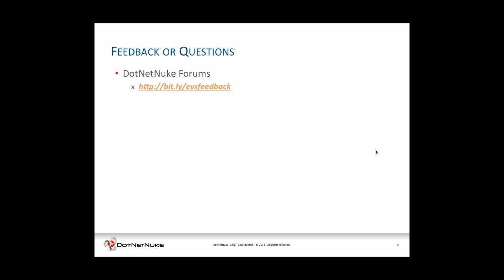We keep track of every assembly that's in every version of DotNetNuke. And if your module references an assembly that's in DotNetNuke, we then use that reference to determine what is the minimum required version of DotNetNuke to support that.